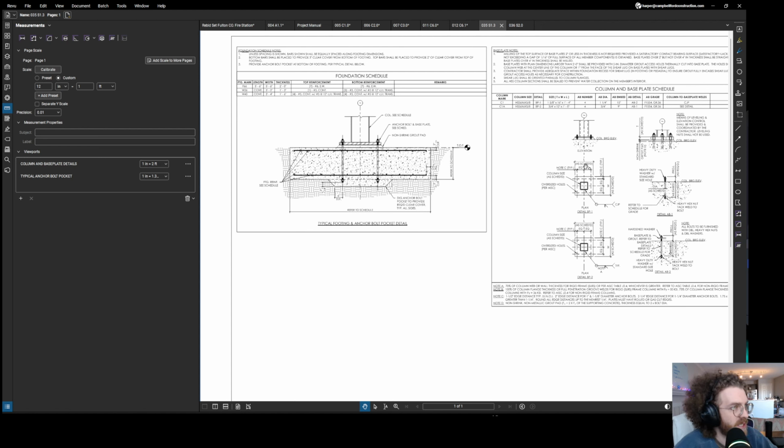In the first couple of sheets, sometimes you'll find the foundation schedule, which is going to show you footings, sizes, that kind of stuff, which is really key information to have whenever we're taking off a slab, because we're not just taking off the square foot of the slab and throwing a square foot number on it.